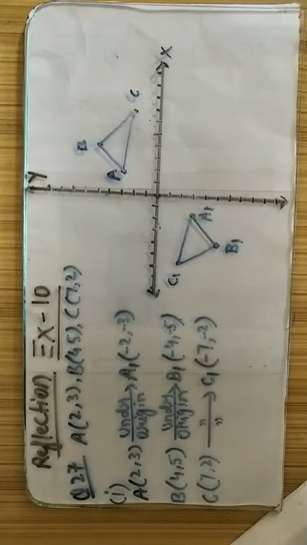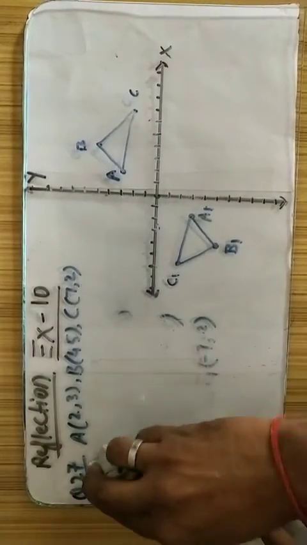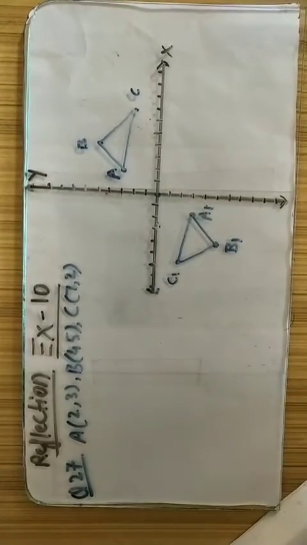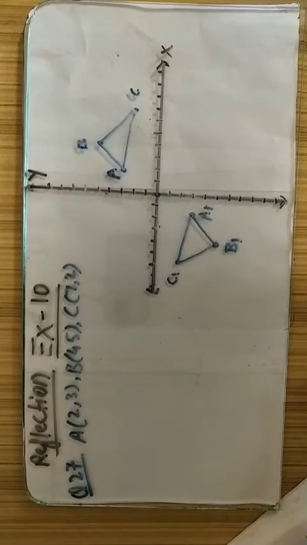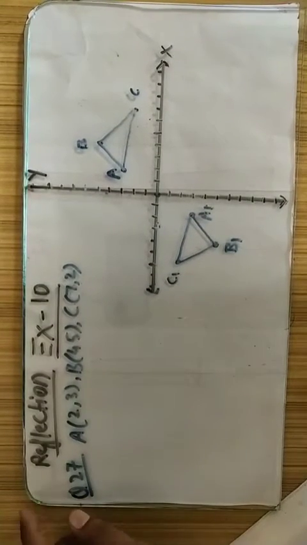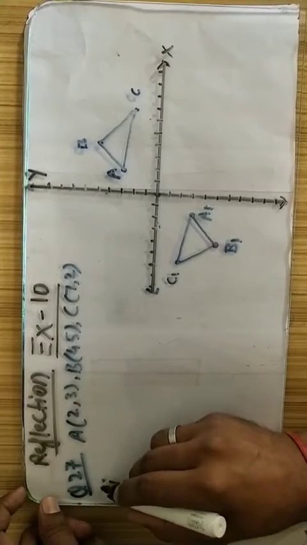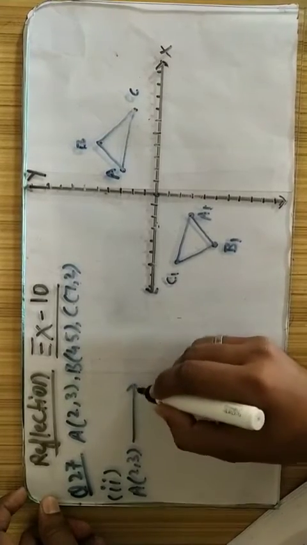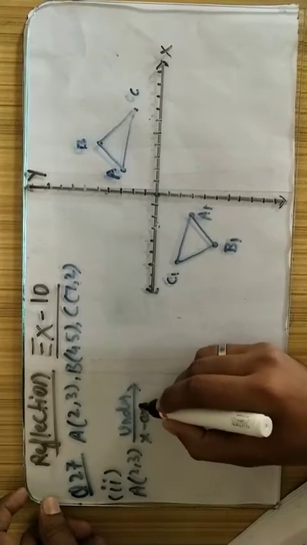Now coming to the second point. Second point is write down the coordinates of A2, B2, C2 if triangle A2, B2, C2 is the image of triangle ABC when reflected in the x-axis. Right? Now where we need to reflect? Under x-axis. So here we are writing the second. Now A (2, 3) we need to reflect under x-axis.